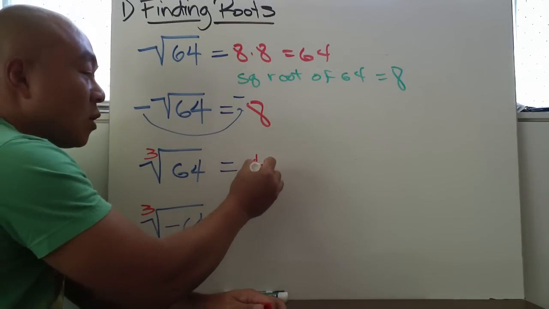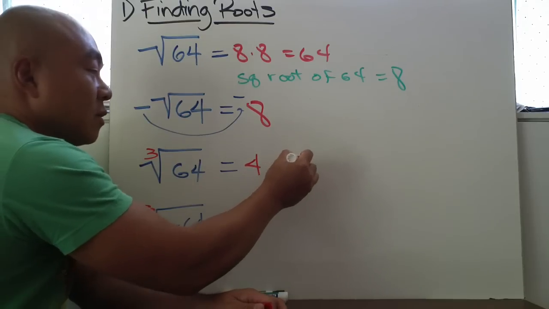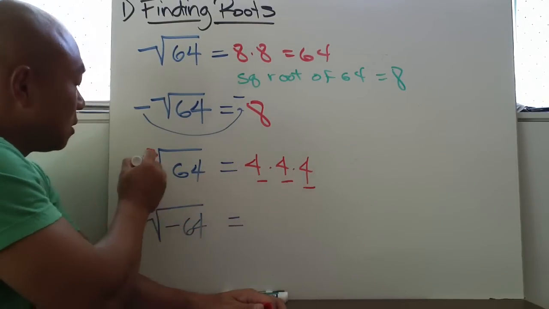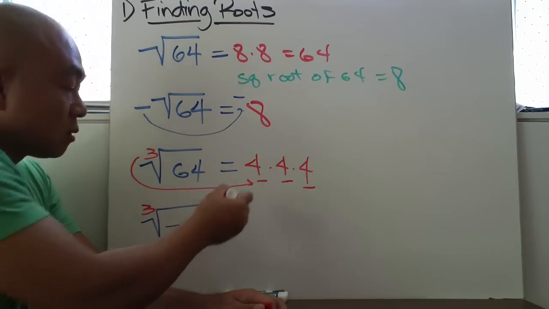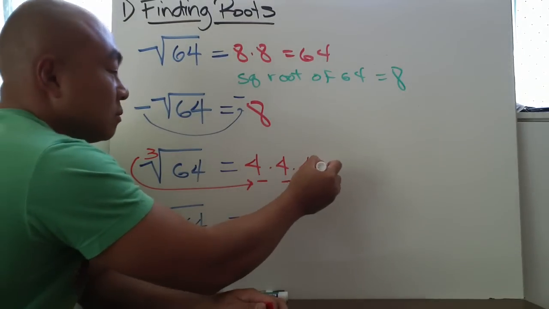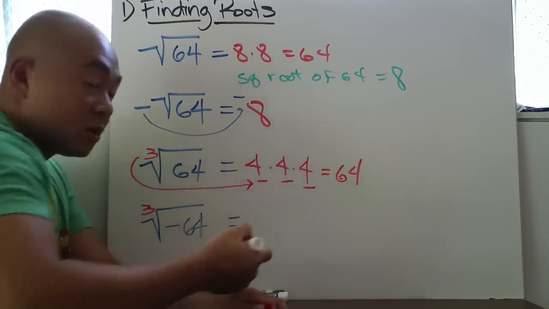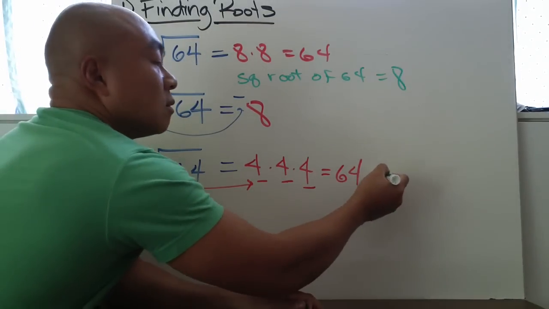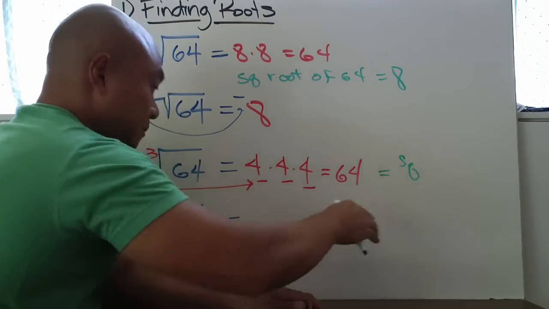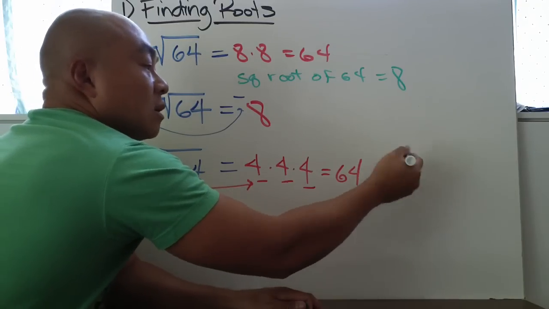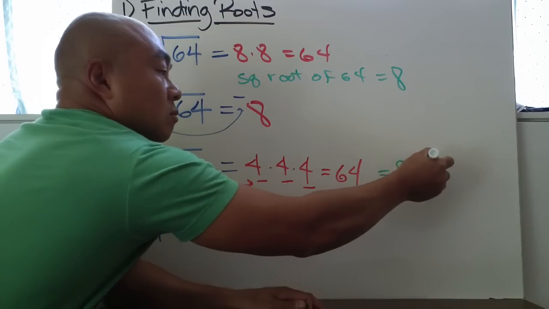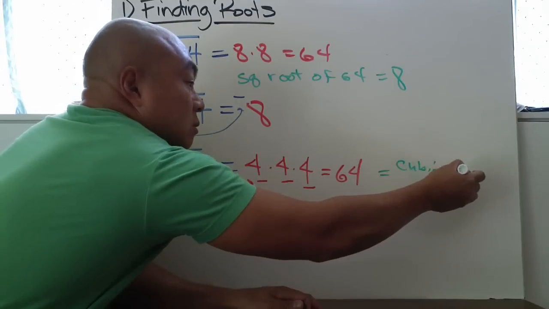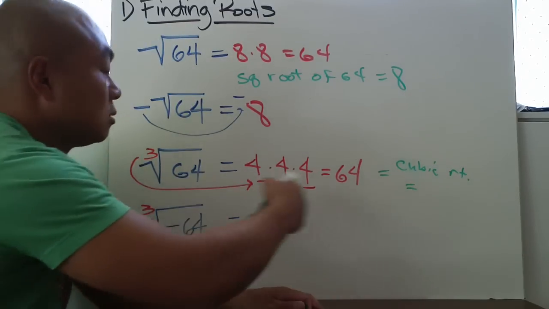If you think about 4 times itself 3 times, 1, 2, 3, that gives you 64. So the root, whoops, can't say square root this time. So the cubic root, and that's where that little 3 comes in, that cubic. So the cubic root is equal to 4.